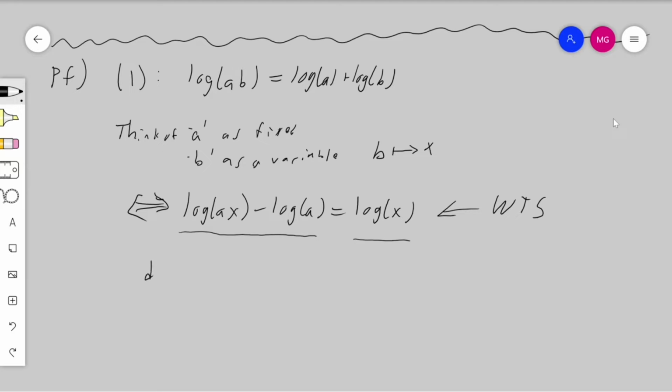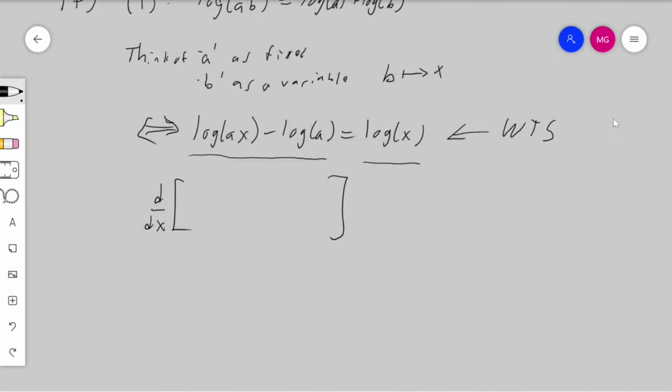First, we're going to differentiate the left-hand side. So d by dx of this left-hand side here. What that comes out to be is we're just going to distribute the differentiation operation inside. So it's the derivative of log of a times x minus the derivative of log of a.